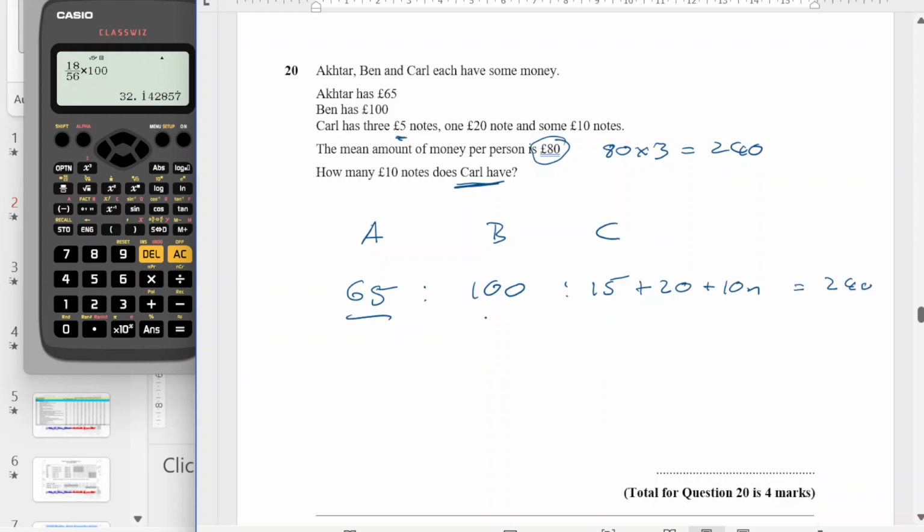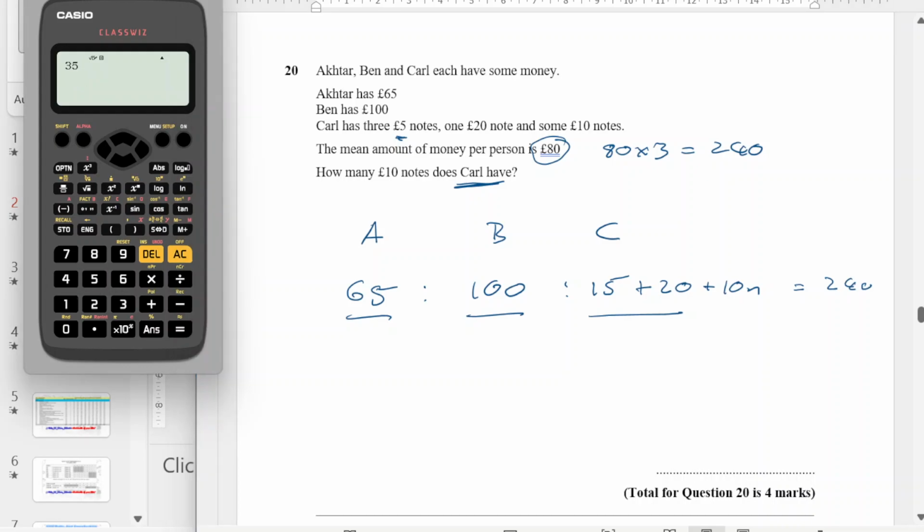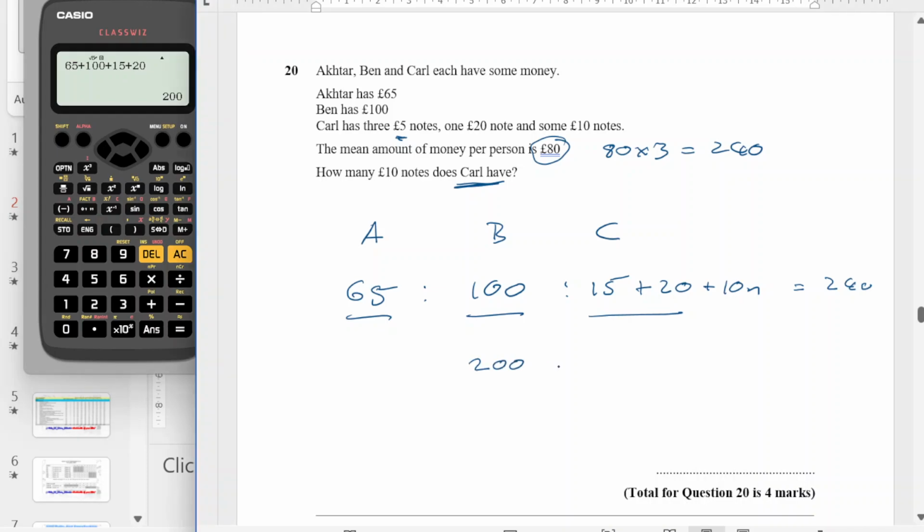So 65 plus 100 plus 15 plus 20, I'll use my calculator, but I think that's going to be 200. So 200 plus 10N is equal to 240. So 10N is going to be equal to 40. So N is going to be equal to 4. He's got 4 £10 notes.